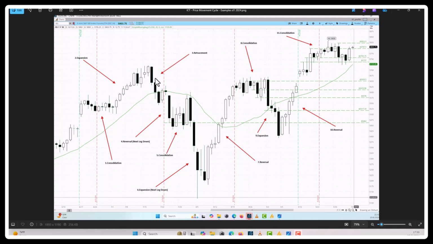So the first leg down we can still call a retracement, and then the next leg down, the whole thing, is going to be the reversal. And after the reversal, what happened? It goes into the consolidation right here.